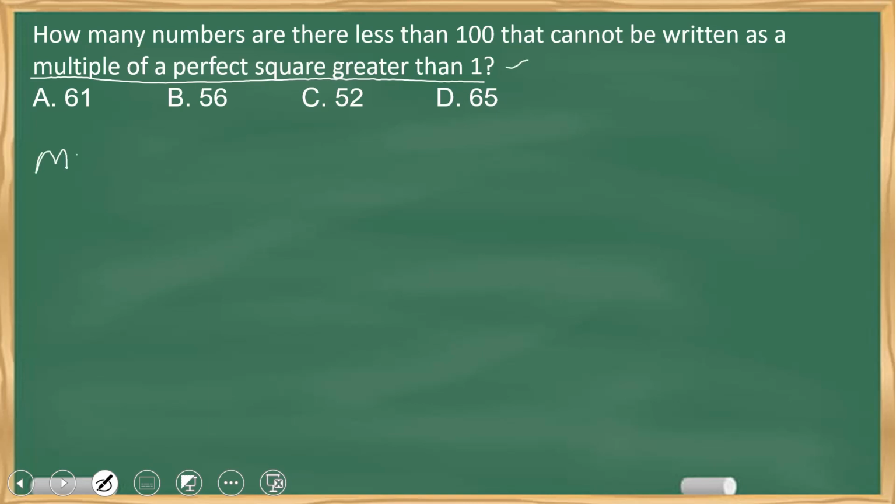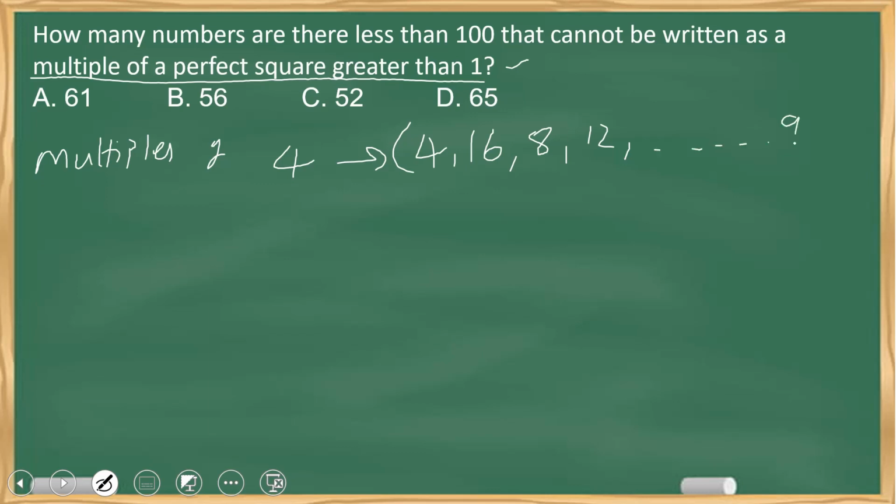So first, write down the multiples of 4. What are multiples of 4? 4, 8, 12, 16, like that. How many are there till 96? Because less than 100 he was talking about.